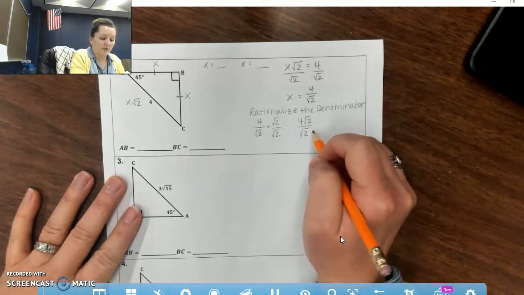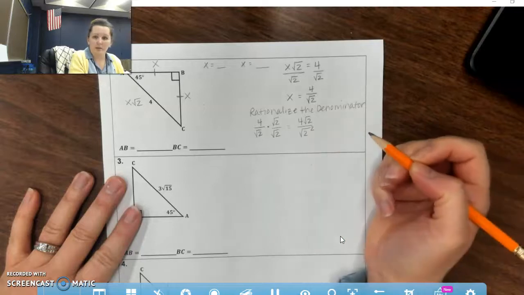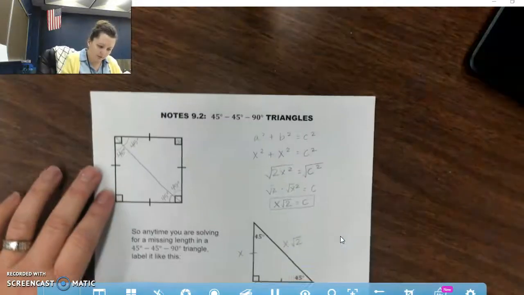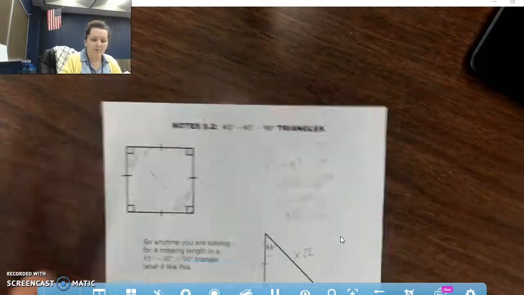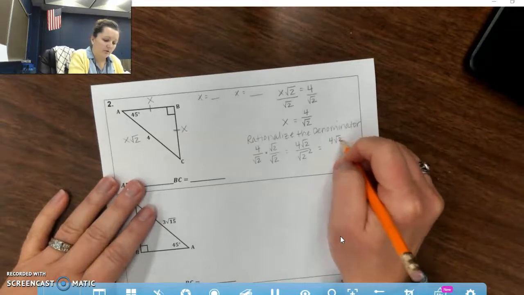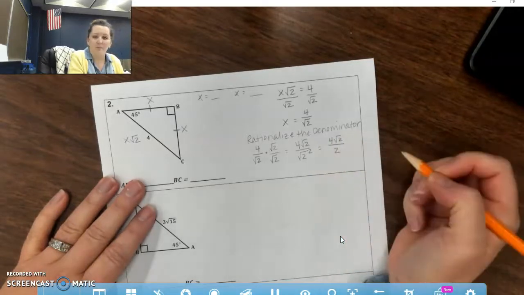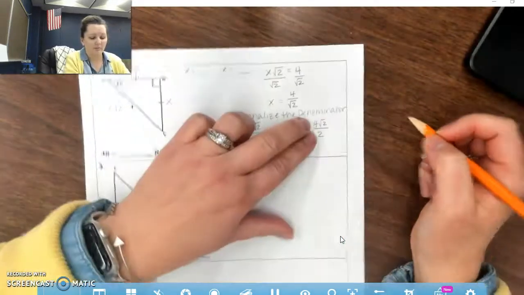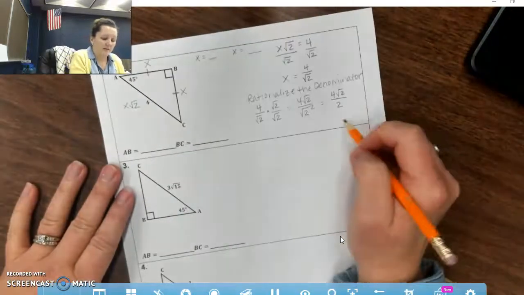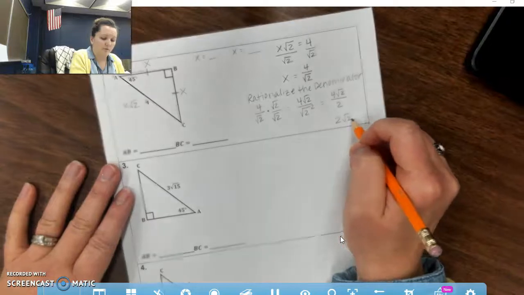This is the square root of 2 squared. And what happens when you have the square root of something squared? Just like we did down here, right? It pops out. So what do I have on the top? I have 4 root 2, and then in the bottom it popped out, so I have a 2. Because these are both whole numbers, I can reduce, and I get 2 root 2.